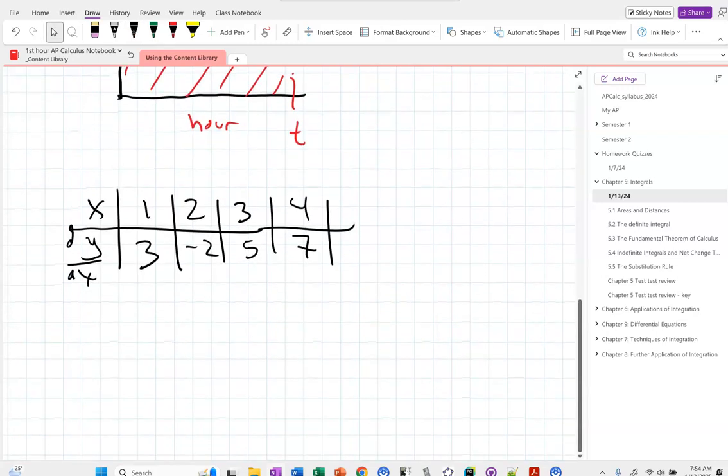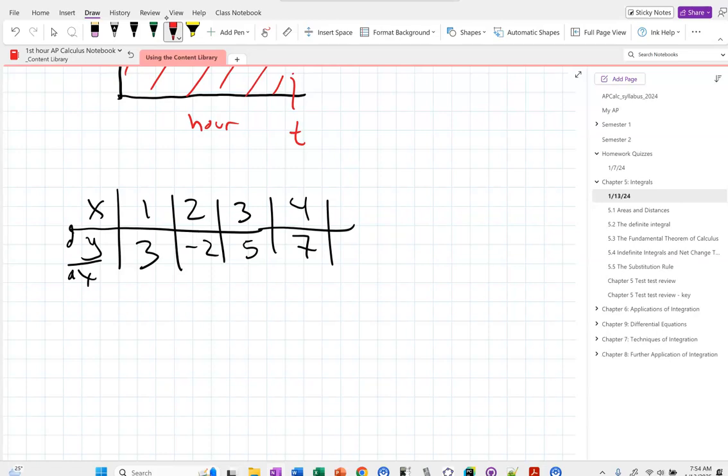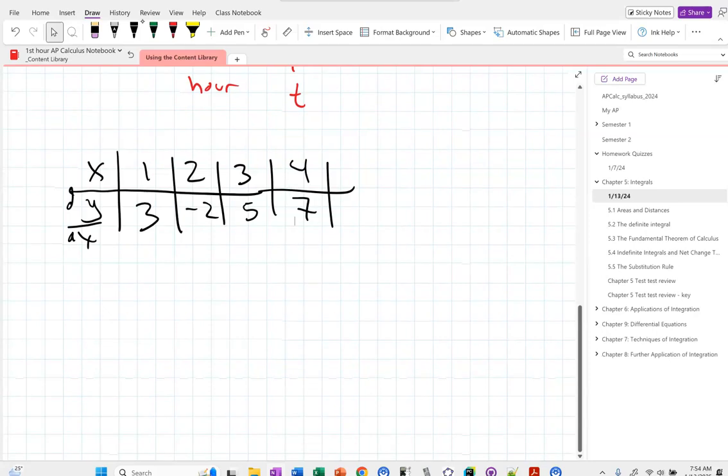So even if this isn't a smooth curve, but I just know some values, I can approximate this area.